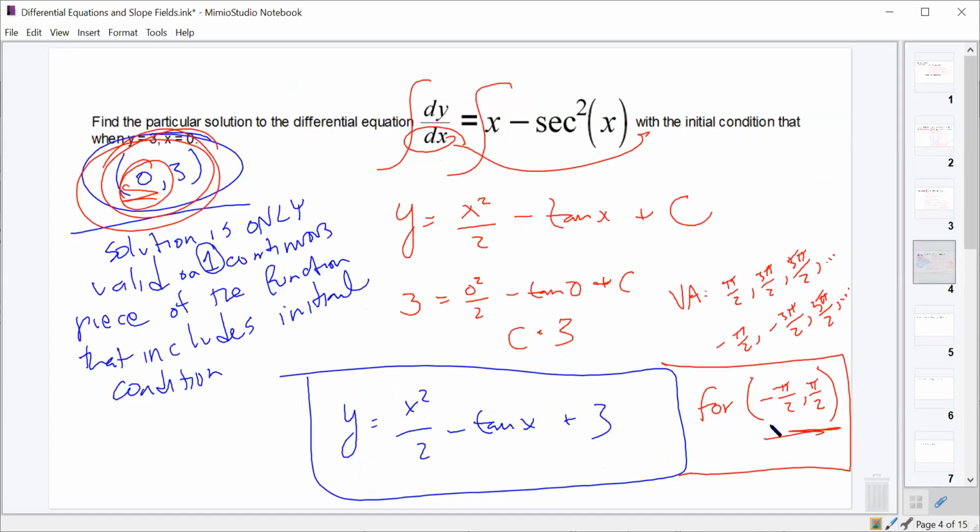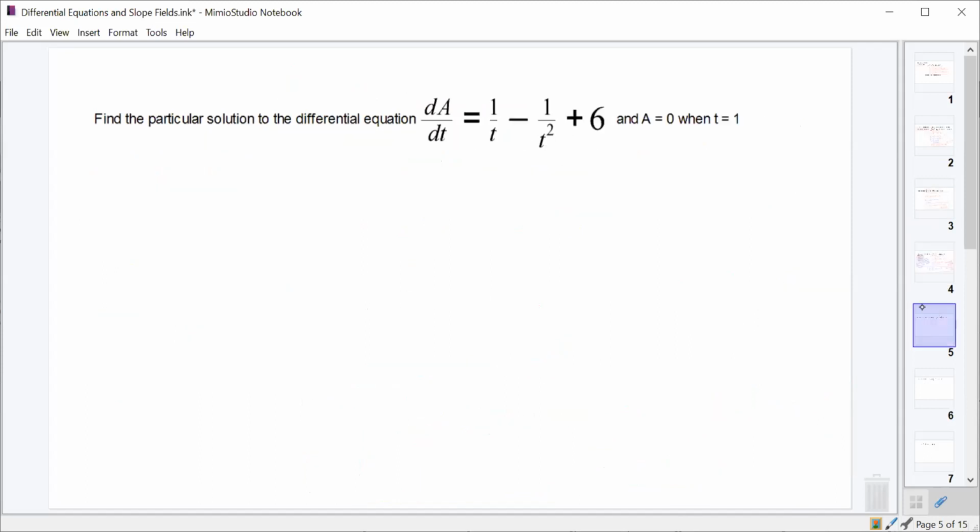But if there is a discontinuity in it, you must break it down. So, good or no? Good. All right.